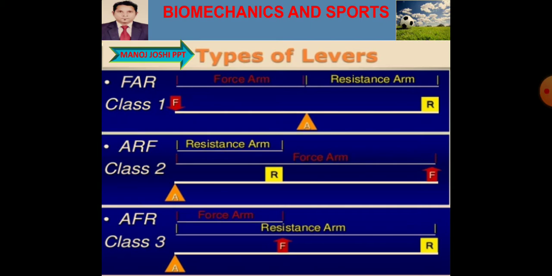At one end of the bar there is the fulcrum, at the other end there is the force, and between them there is the resistance or weight. Third, the force is at the middle, at one end there is the fulcrum, and at the other end there is the resistance. So these are the three types of lever.